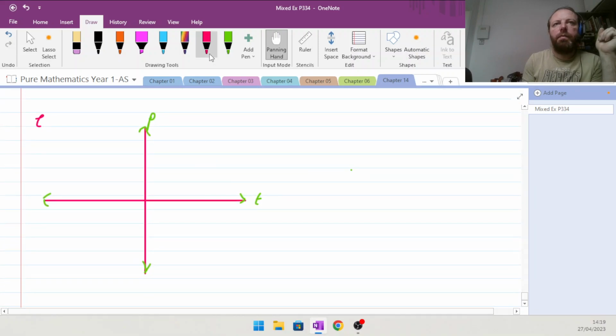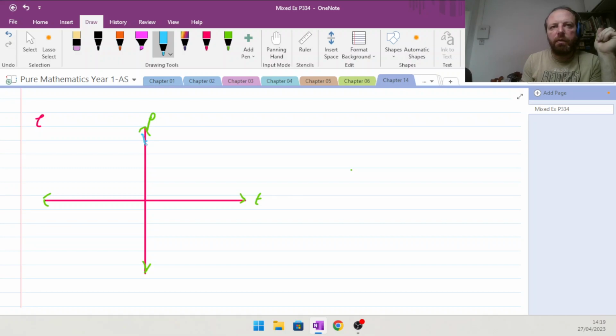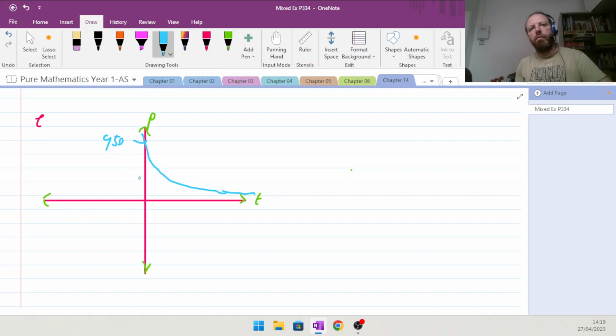So we come in here and we have a curve like this. And as we go out this way, it gets lower and lower and lower. And so that should be the 950 mark when t is equal to 0. And I don't think we need to put anything else on for that.